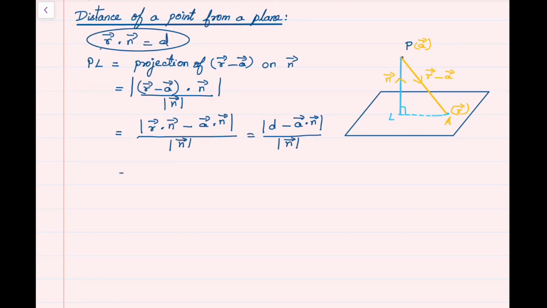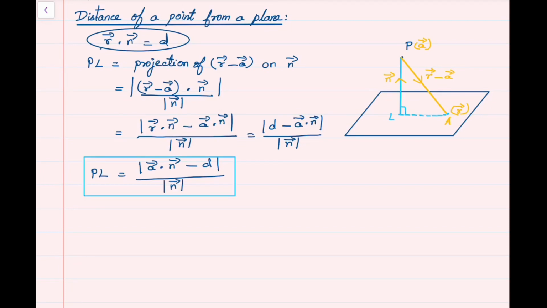We have absolute value sign, so we can change and write it as absolute value of vector A dot vector n minus D. Because of the absolute value sign, it does not matter, divided by magnitude of vector n. This is the formula to calculate the perpendicular distance between a point and a plane.